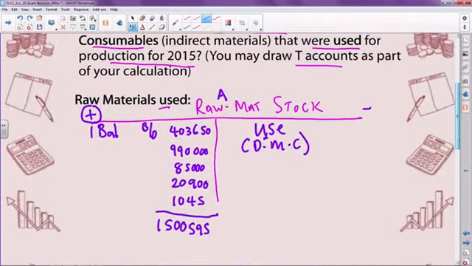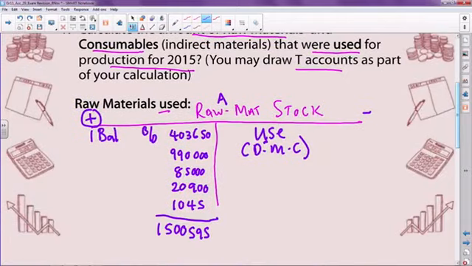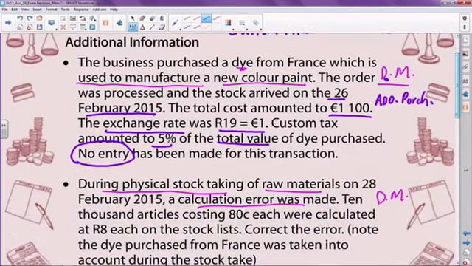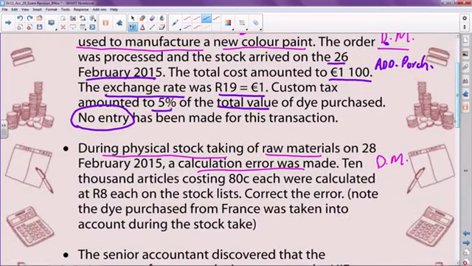So I've got a closing balance. I'm just going to write down here balance carried down in brackets 464,000. And let's now go to the next bit of additional information, which affects my closing stock.